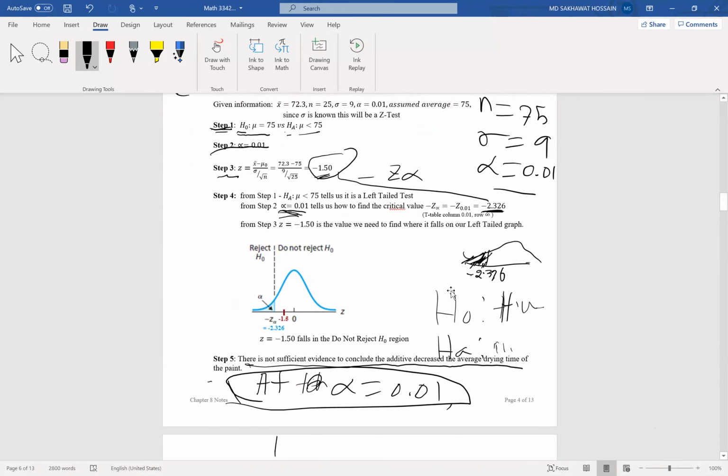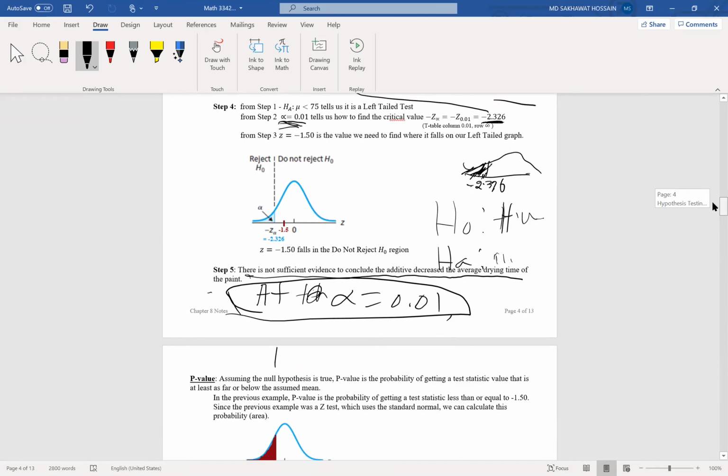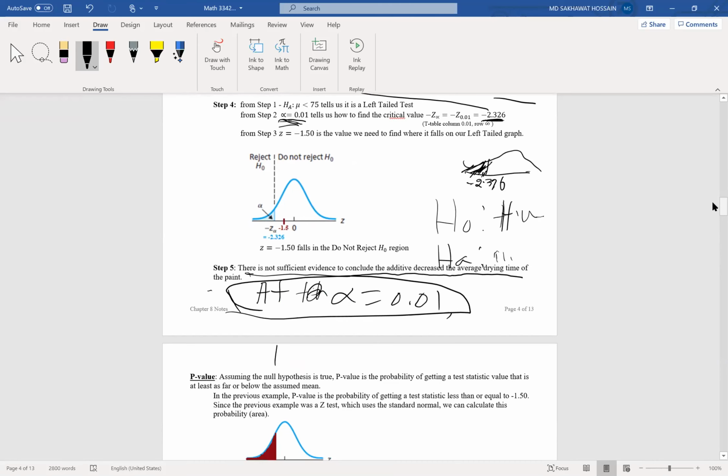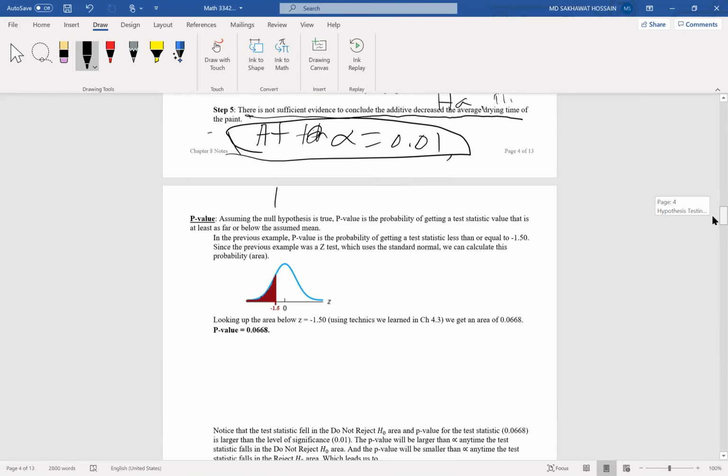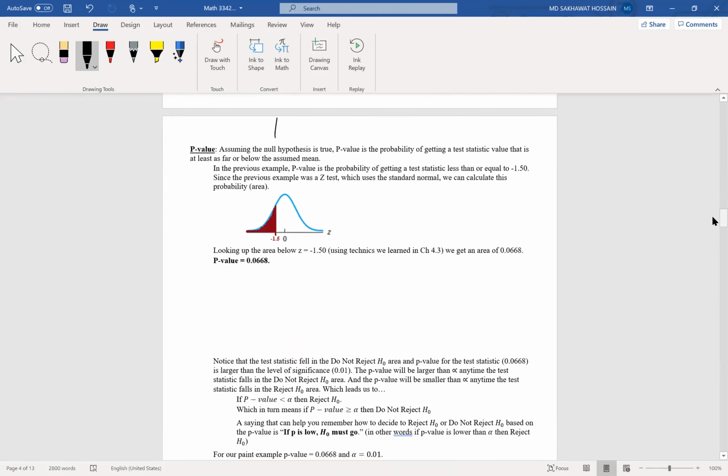So here we compared the test statistic value with the critical value to make our decision. And we can also calculate the p-value and compare it with alpha. So how do we compare the p-value with alpha and make our decision?